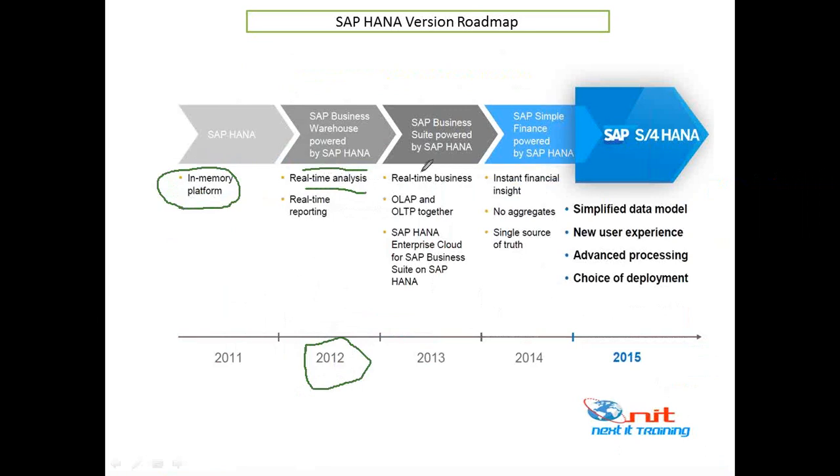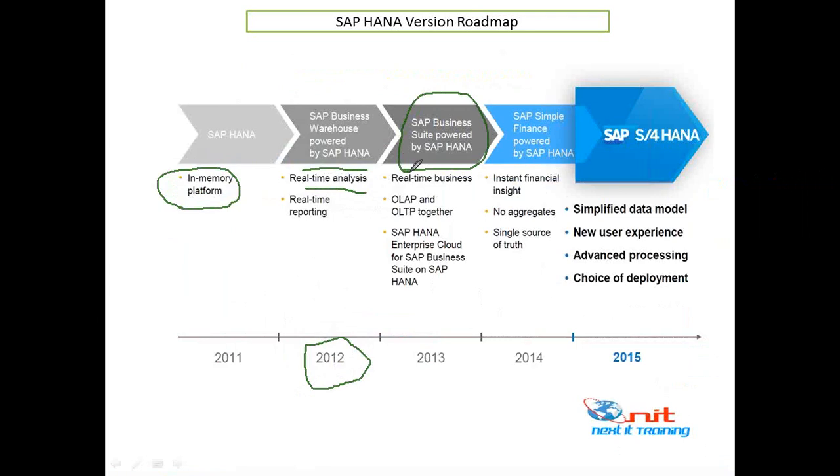Immediately the next year they started with something called SAP Business Suite powered by SAP HANA. What exactly is Business Suite? We all know what Business Suite is. We have ERP, ECC, CRM, SRM, SCM, HCM, all these things together, connecting to the SAP HANA database.